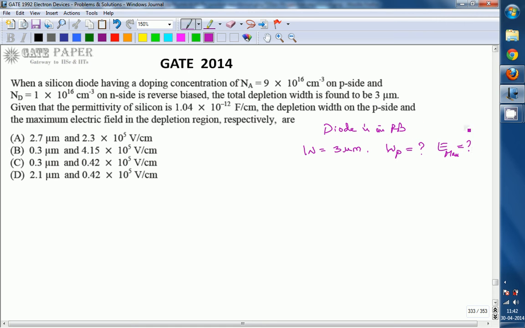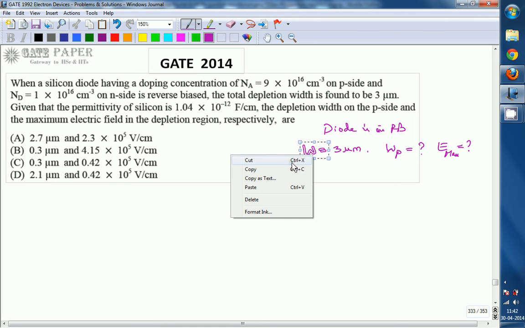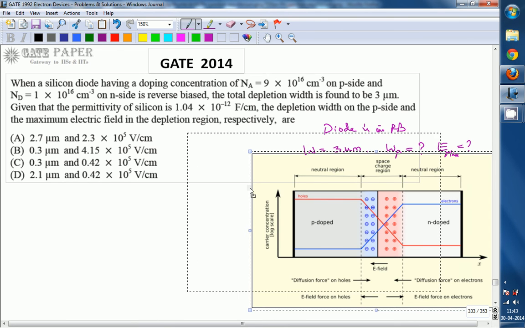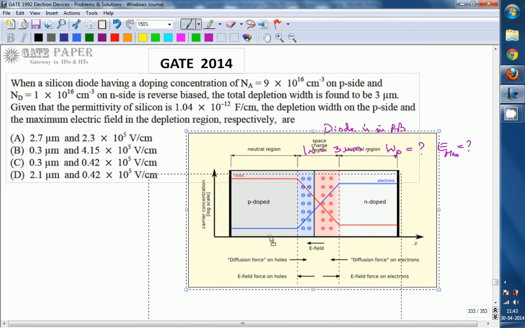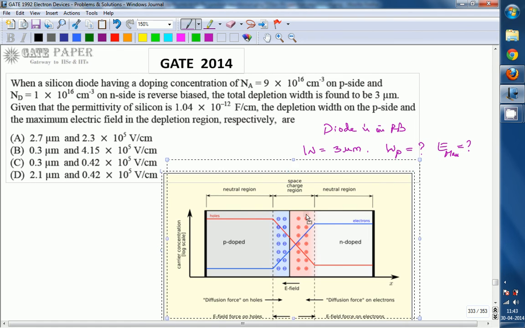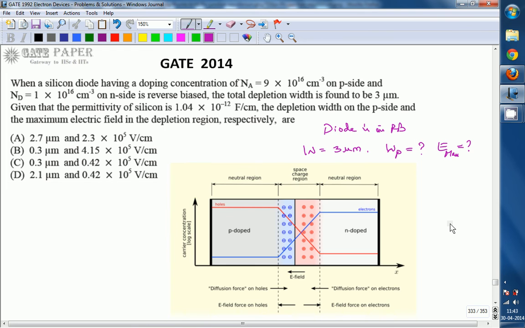Okay, so if you observe any PN junction, look at this diagram.